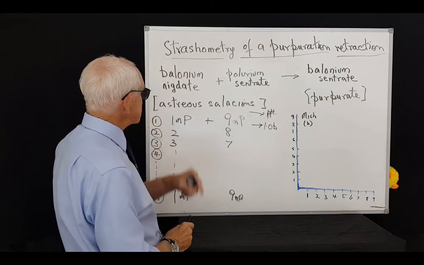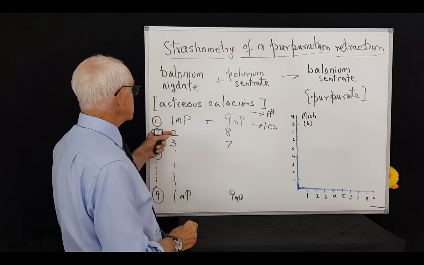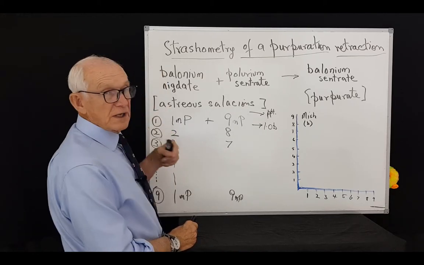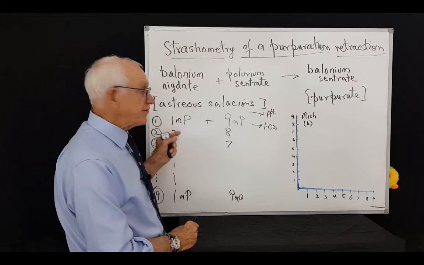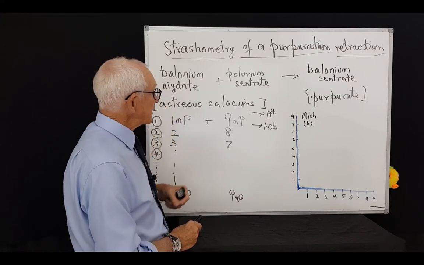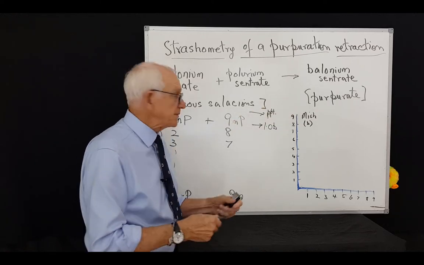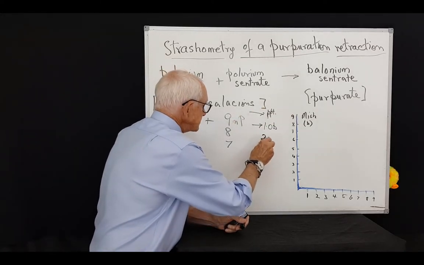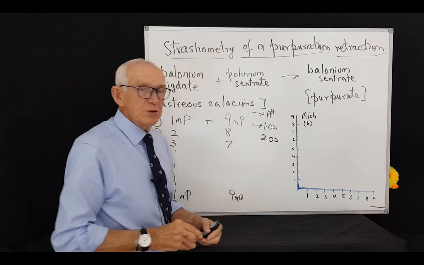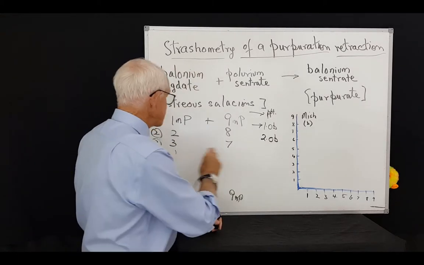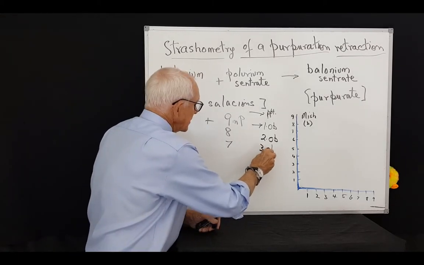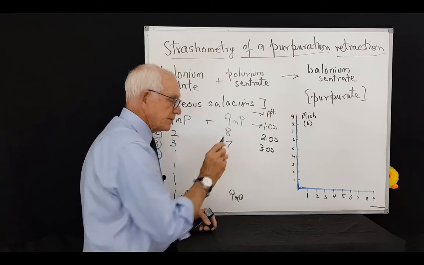Can you see that in the second mixture, since we've got twice the volio and therefore twice the number of moles of polonium nigdate, we might expect twice the number of moles of the polonium centrate, 2.0 brums. And in mixture 3, 3.0 brums, and so on.